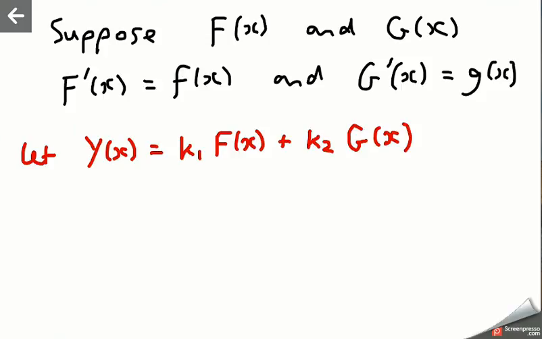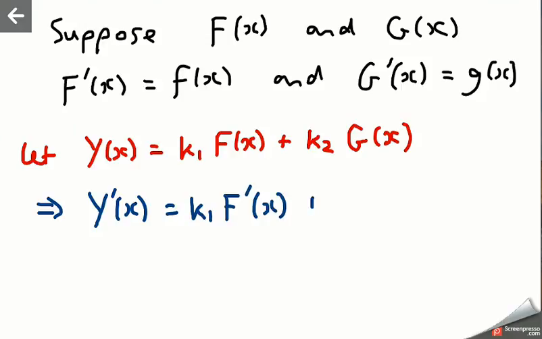Now we know from differentiation that when you differentiate a function, you can also split it up across the addition sign, and you can let the constants just hang out the front. And so that tells us that if we differentiate big Y with respect to x, it's going to be equal to k1 times big F prime of x plus k2 times big G prime of x.